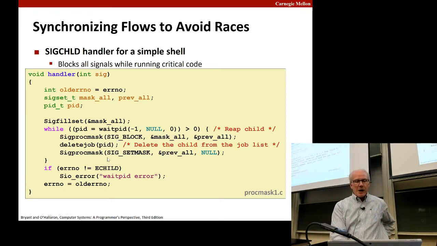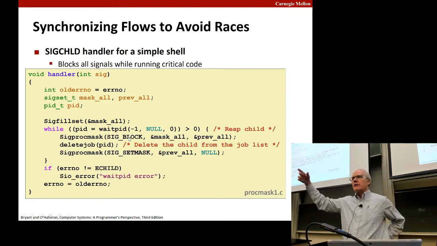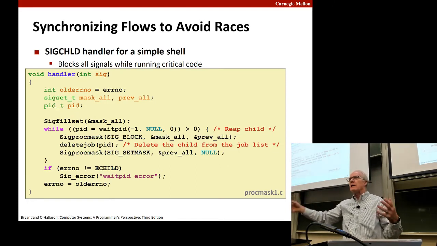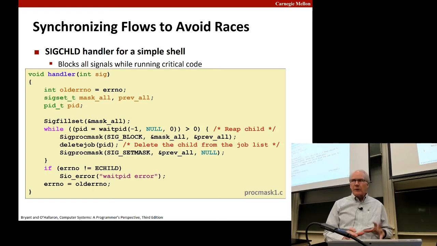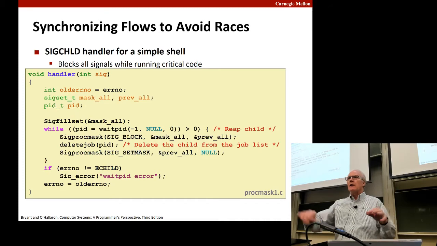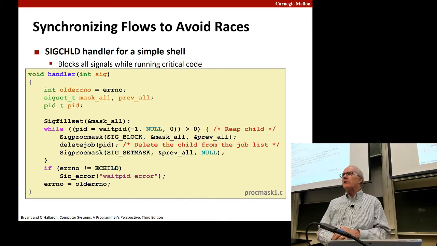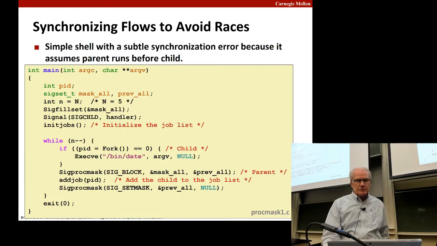So by blocking all signals while I'm doing this delete job, it's a way to make sure that no other signal handler is going to get fired up that potentially does anything with the same data structures that are here. So the idea in signal handlers is to use blocking as a way to prevent other signal handlers from getting called. So this example just keeps going on.